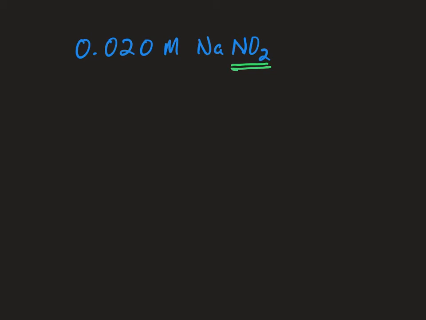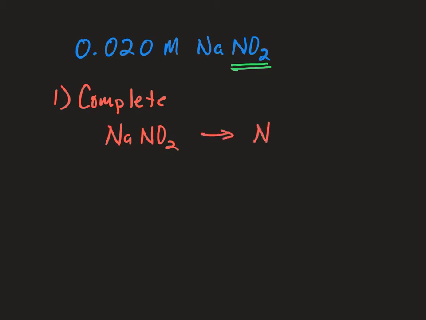So if we look at this, it is a sodium salt, so we know it will dissociate completely, so we always consider complete reactions or processes first. Our complete process is our sodium nitrite dissociating to form sodium ions and nitrite ions.